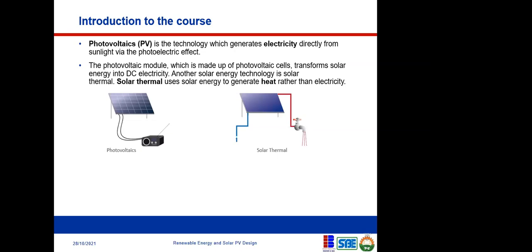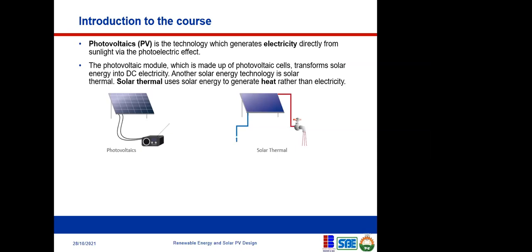And that's where the concept of the solar system came into place. So we have a process of doing that, which is the photoelectric effect. The photovoltaic module, which is made up of photovoltaic cells, transforms solar energy into DC electricity.